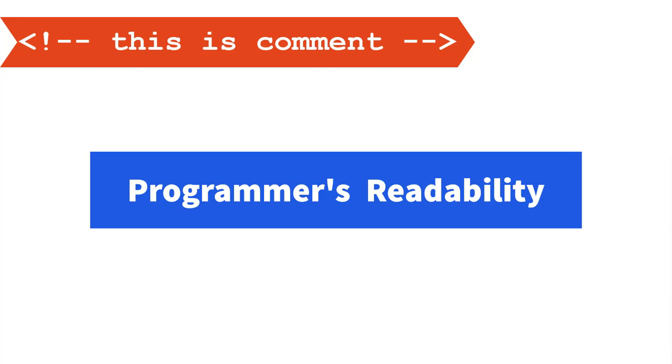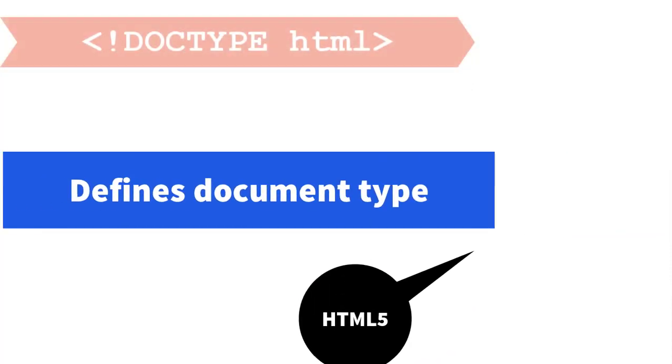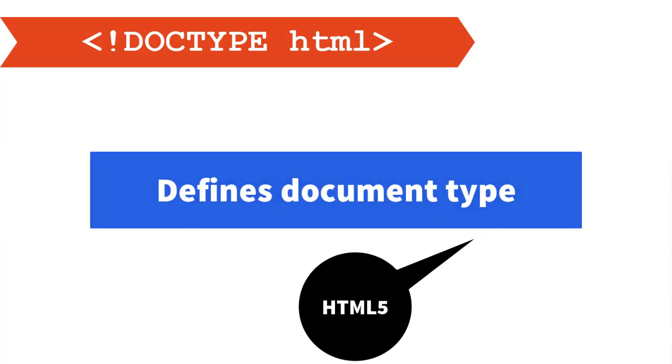First of all we have written the comment, and this is for readability. For example, if someone opens your file, they will be able to understand the whole motive of that file by reading the comment, right? So this is the role of the comment. Then we have doctype HTML, which means your document type is HTML5.